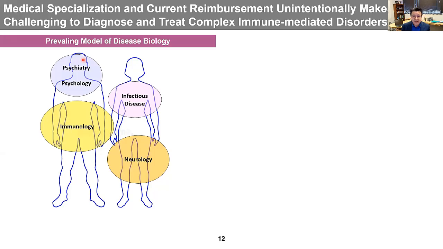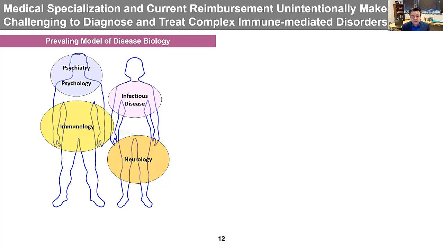One thing that happens as a result of specialization and our reimbursement system in medicine, at least in the US, is that it unintentionally makes it challenging to diagnose and treat complex immune-mediated disorders. The prevailing model of disease biology is that psychiatry and psychology are practiced separately from immunology, which is practiced separately from infectious diseases and neurology.